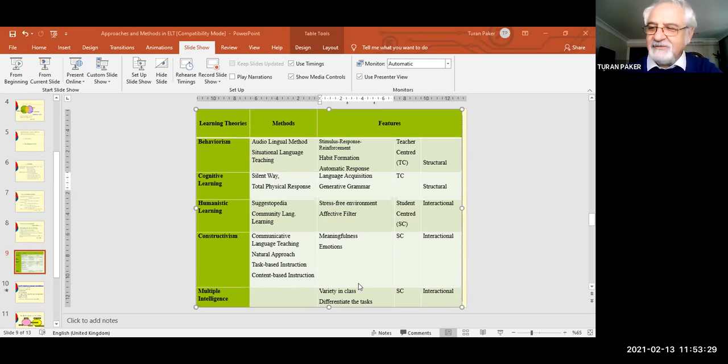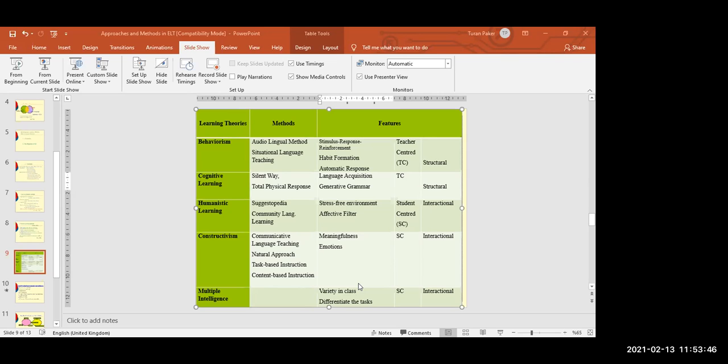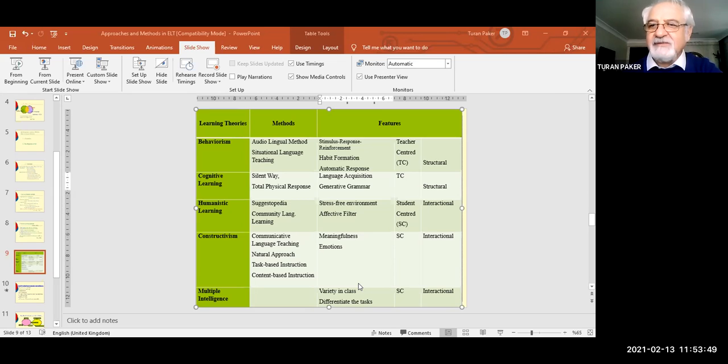As a teacher, in order to meet their intelligence dominance, we have to create a variety of activities, tasks, and materials, so that we differentiate tasks and materials. At the end, students will be able to find something related to their learning styles or learning preferences.